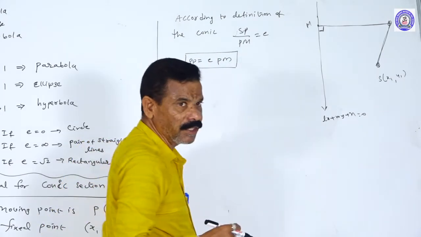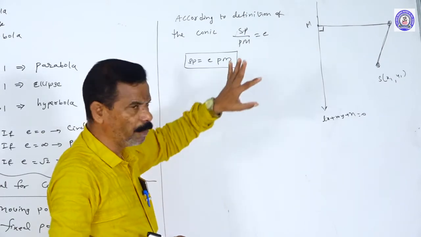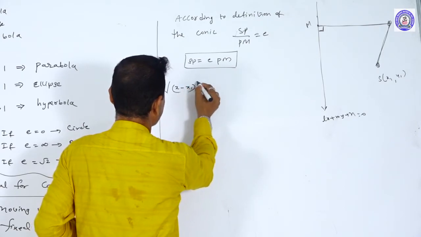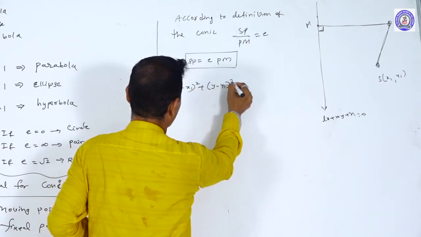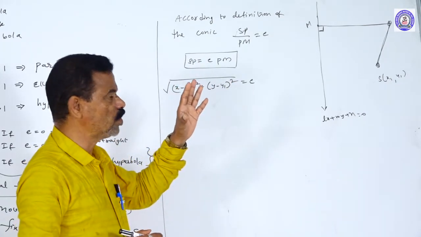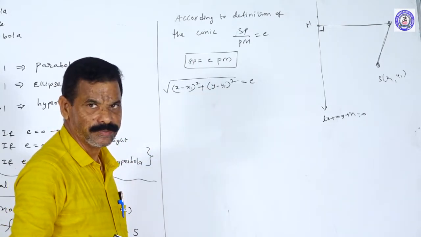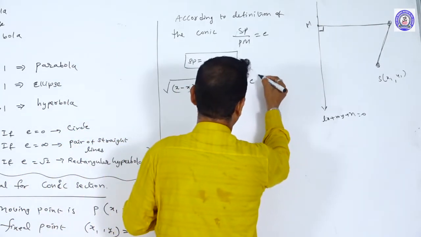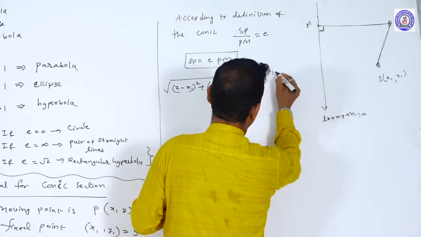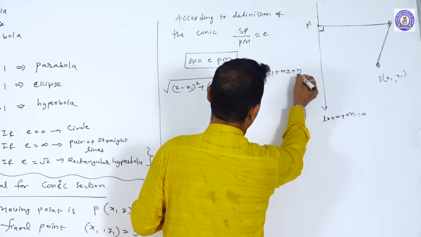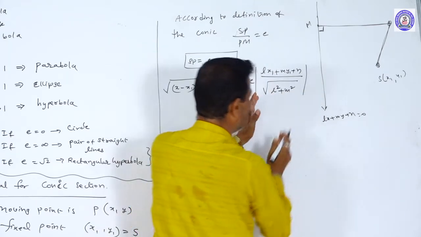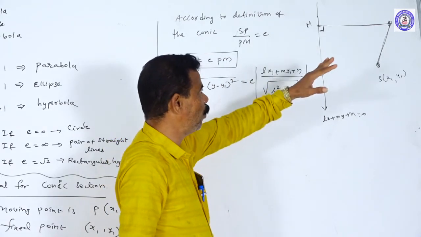So what is SP? The distance between S and P. SP is the square root of (x minus x1) whole squared plus (y minus y1) whole squared, equal to e times PM. PM is the perpendicular distance from the point P to the directrix, which is (Lx + My + N) divided by the square root of L squared plus M squared.